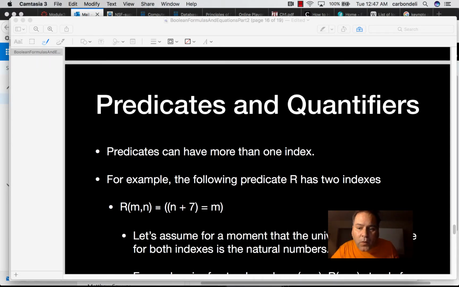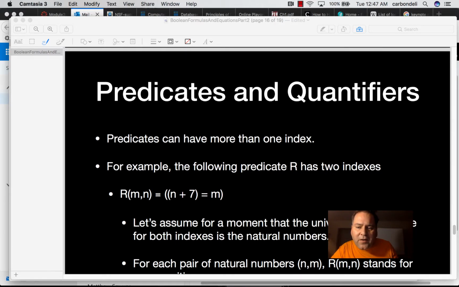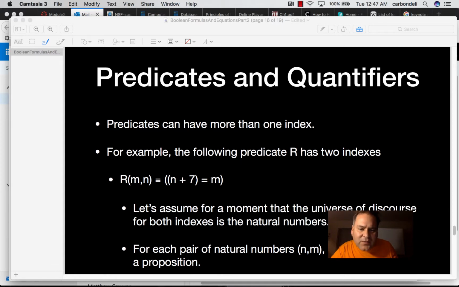Predicates can have more than one index. For example, the following predicate R has 2 indexes. So we have this predicate R, which has variables m and n, and then on the right-hand side of the 3 bars, we have n plus 7 equals m.